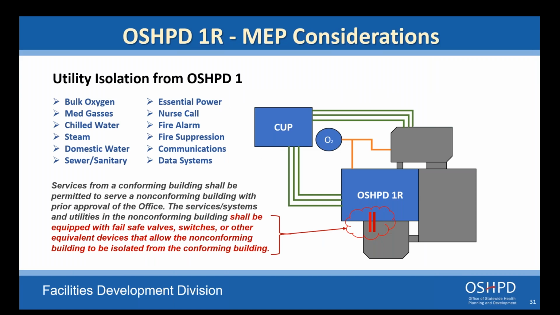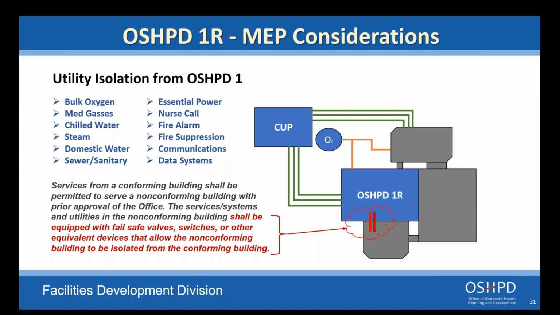What we're doing here is we've been letting the public know for quite a while. We've got these OSHPD 1R facilities. Richard might help fill us in a little more on this, but it does obviously provide opportunities for healthcare providers to keep these facilities in their portfolio and keep them under OSHPD jurisdiction. However, there'll be different things going on in them.